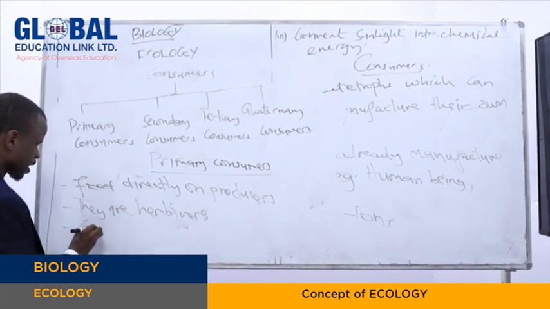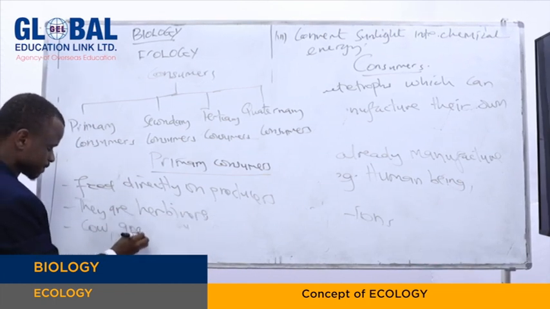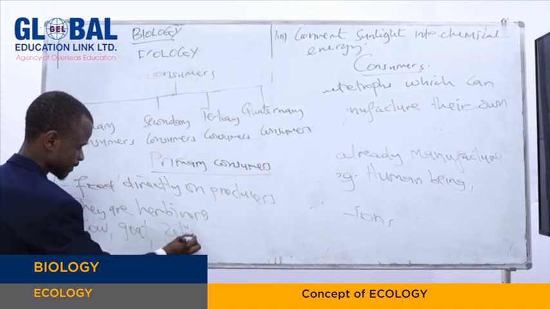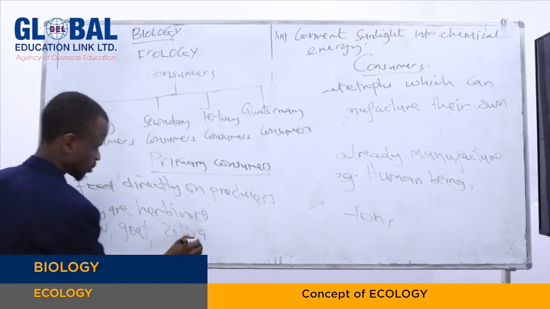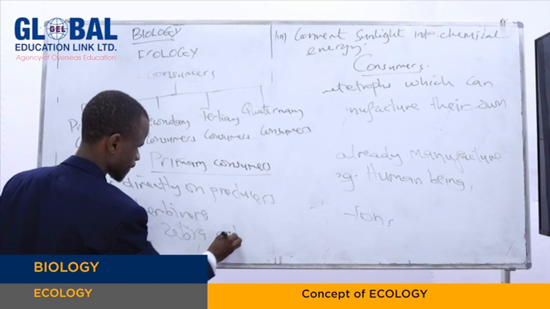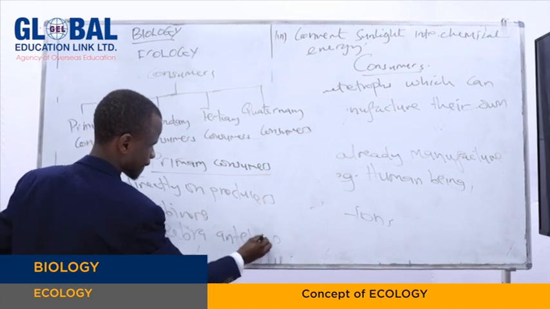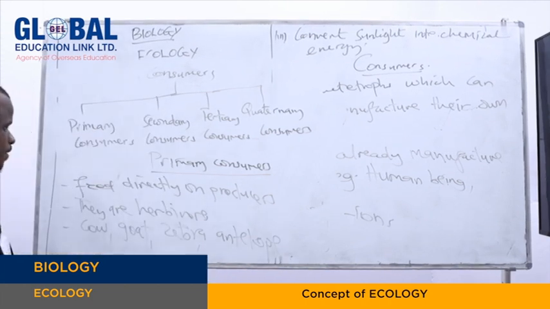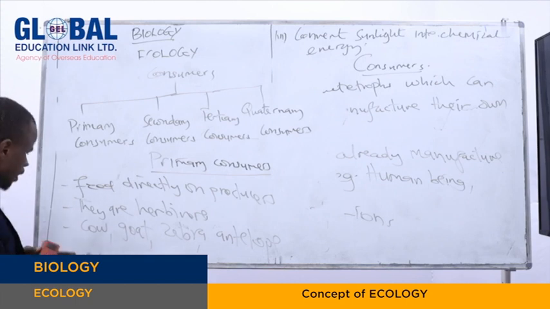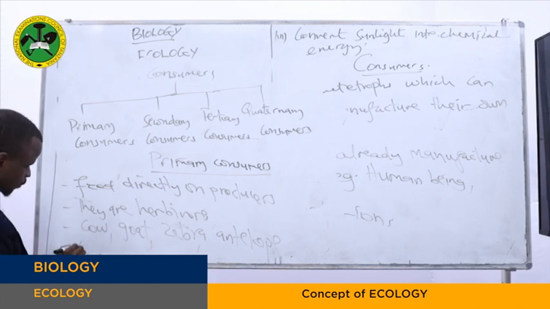Take an example, cow, goat, zebra, antelope. These are primary consumers. They occupy the second trophic level.